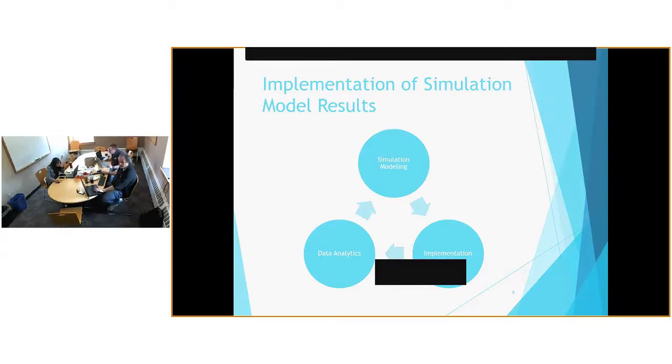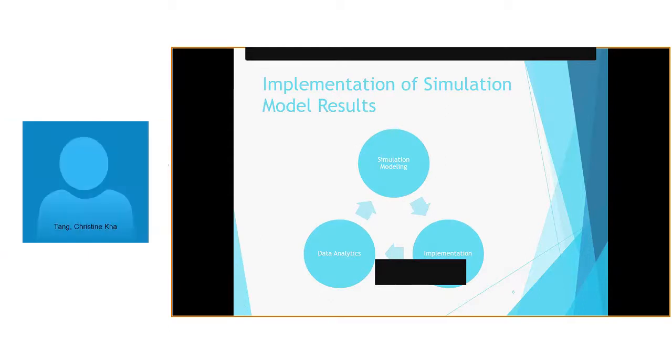So, as we already talked about, I like to do graphics, and I was thinking we do data analytics, and then we do simulation modeling, and then we have implementation, and then there is data analytics on whether or not implementation works.